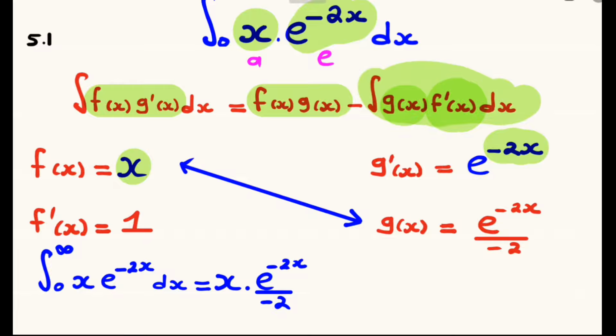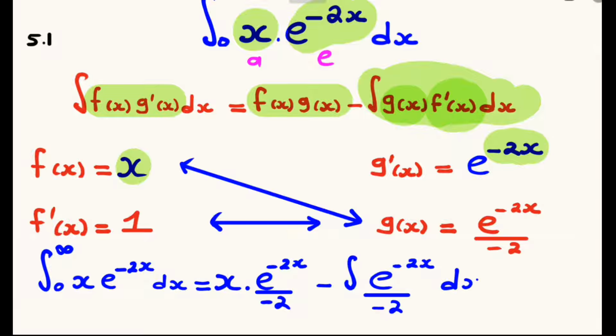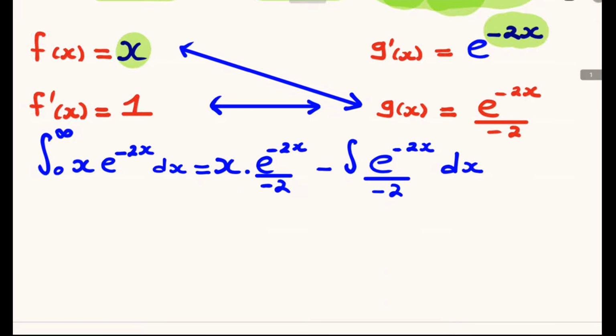minus the integral of g of x multiplied by f prime of x. And our g of x is the e raised to the power negative 2x divided by negative 2, and our f prime of x is equal to 1. So we have e raised to the power negative 2x divided by negative 2 multiplied by 1 multiplied by dx.